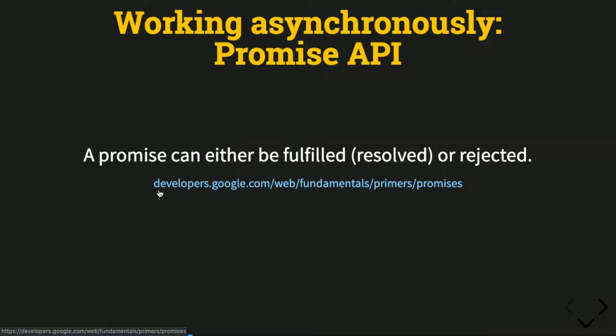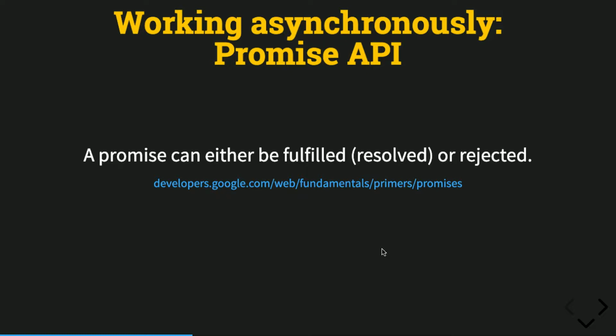So, how many of you here are familiar with promises in JavaScript? A few. Okay. This is a feature of ES6 and heavily used in service worker code, but you can also code your own promises.